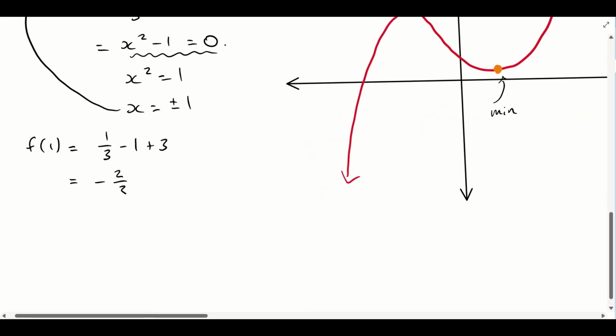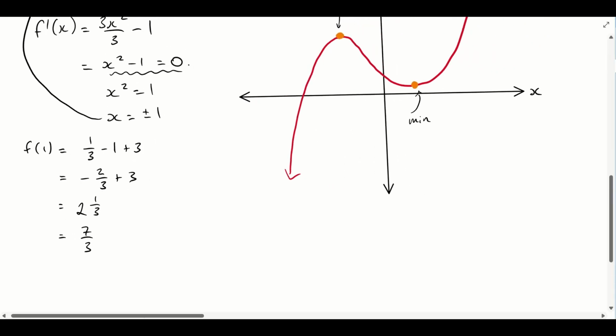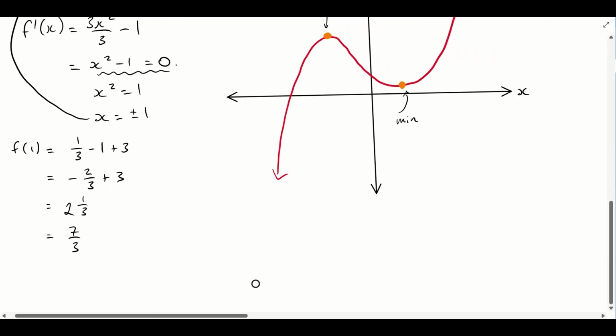So minus 2 over 3 plus 3 is going to be 2 and 1/3, or we can write that as 7 over 3. So that is what f of 1 is equal to.